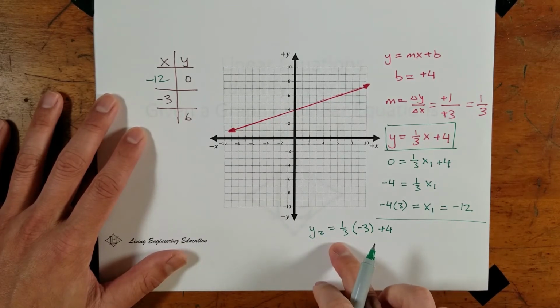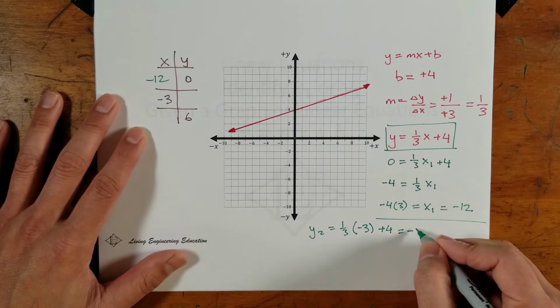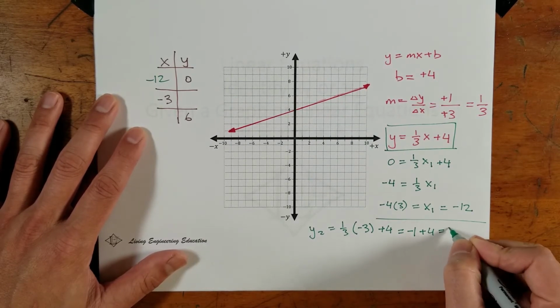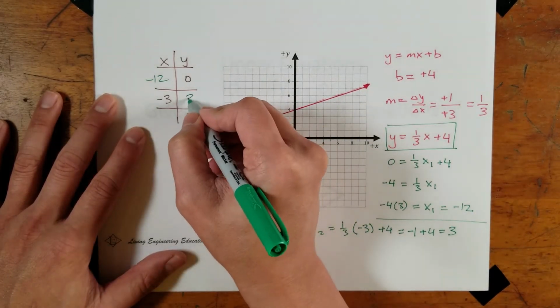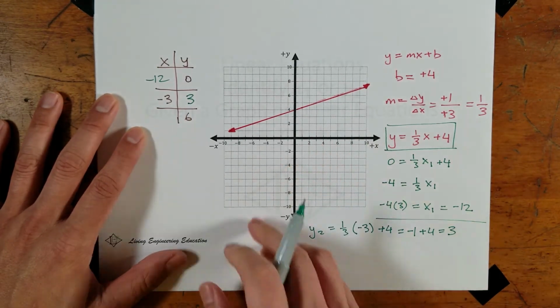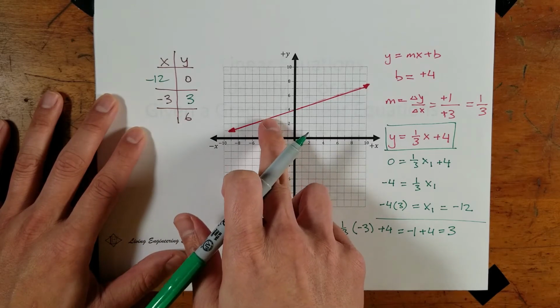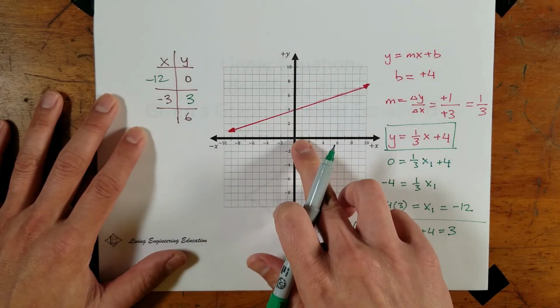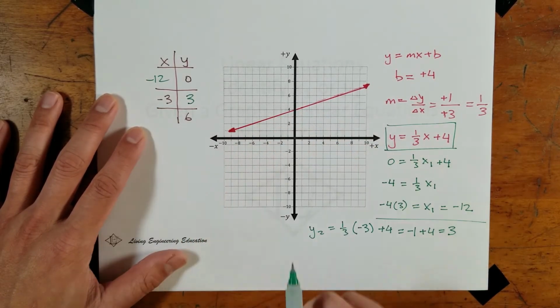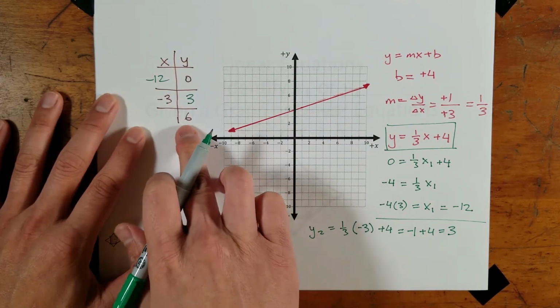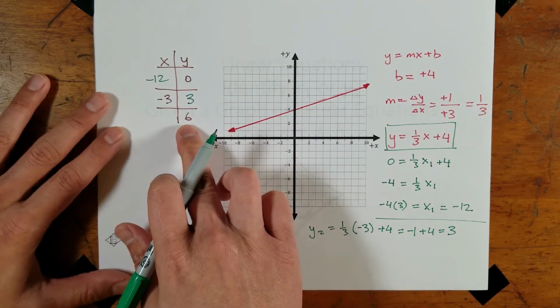Negative 3 divided by 3 gives us negative 1, plus 4, this gives us 3. y2 is equal to 3. And now we can check again. x2 is negative 3. That's right here. This corresponds to a y value of 3. So that matches up.